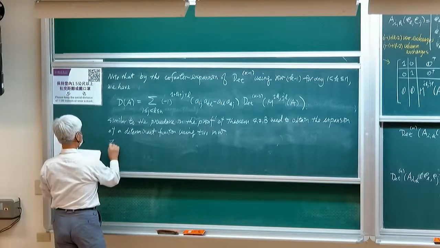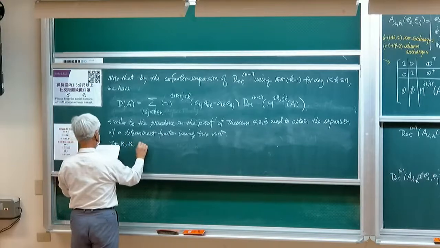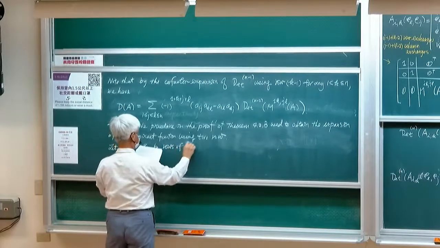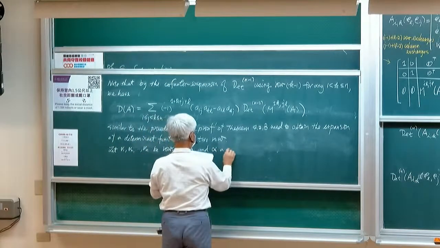So we let R1, R2, ..., Rn be rows of A, and alpha a scalar.